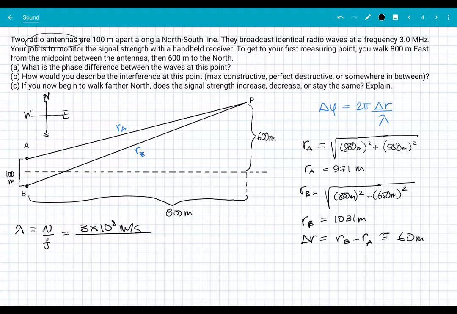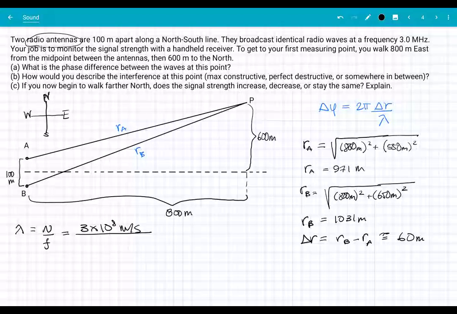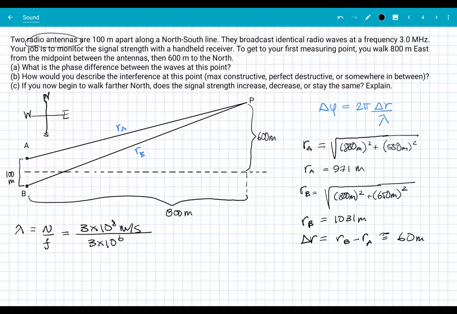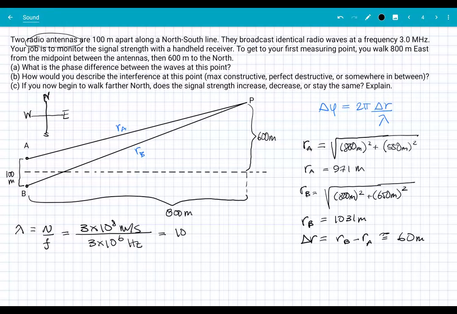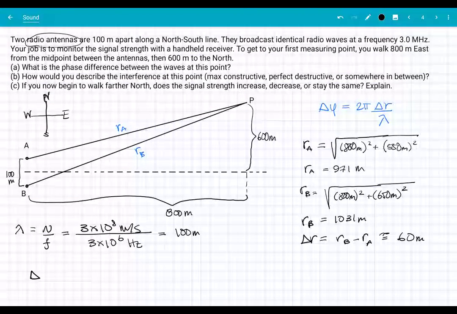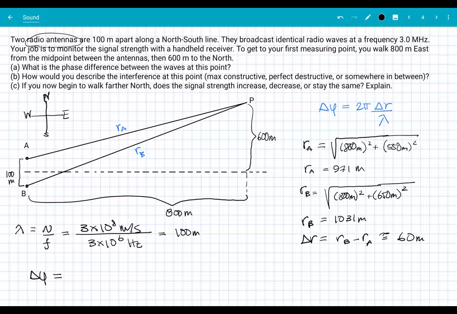That's a nice number, divided by the frequency. We're given the frequency is 3 megahertz, so that's 3 times 10 to the 6 hertz, which gives us a wavelength of 100 meters. Cool. That allows us to solve for the phase difference at point P.